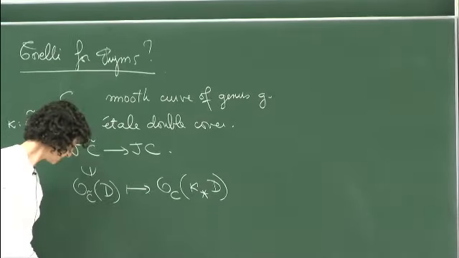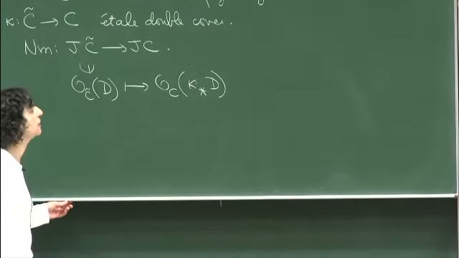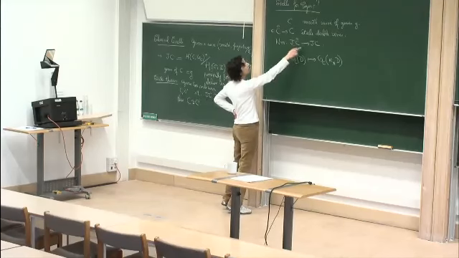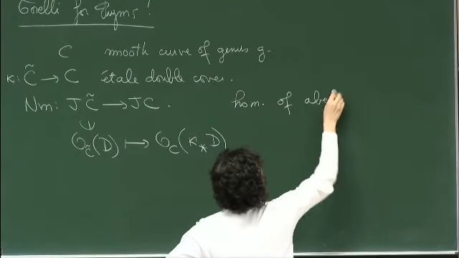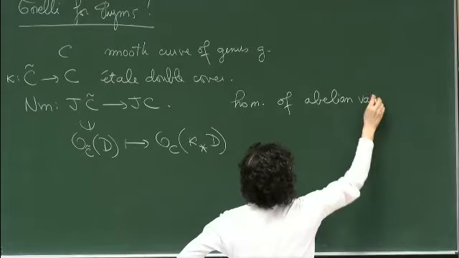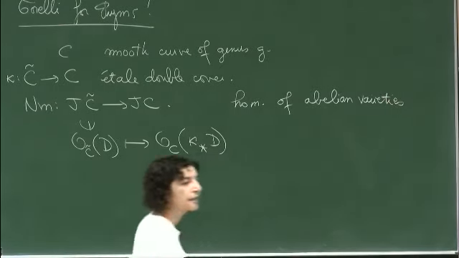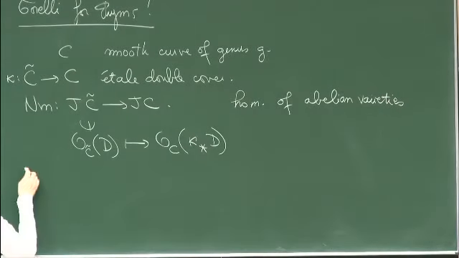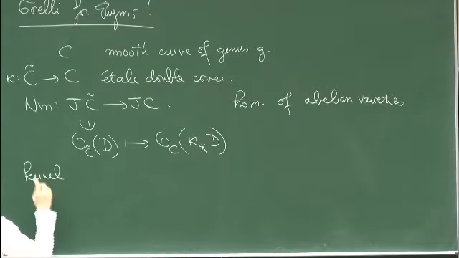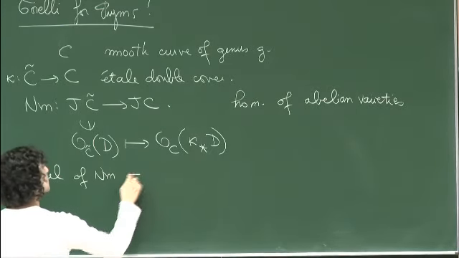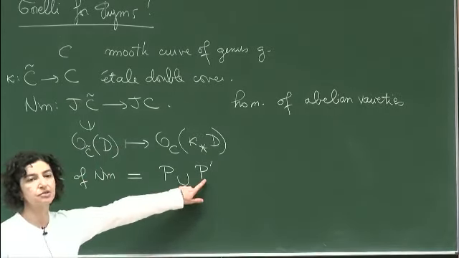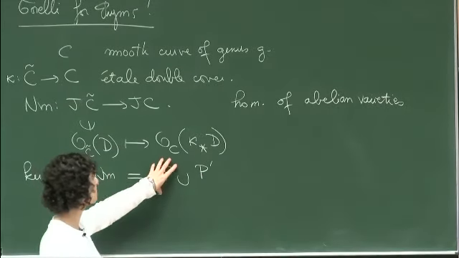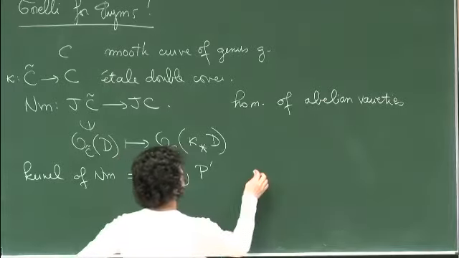And it's well known that this is a homomorphism of abelian varieties, and the kernel has two connected components, which I will write like this: P and P prime, where P prime is a translate of P, and P is an abelian subvariety of JC tilde.